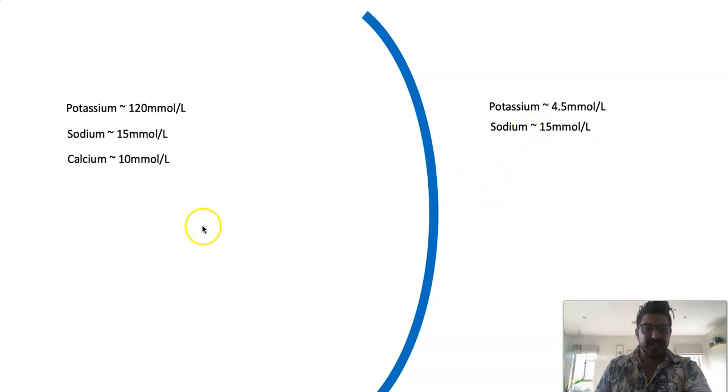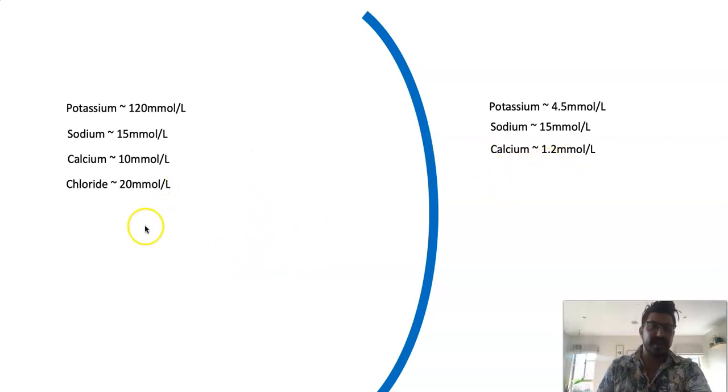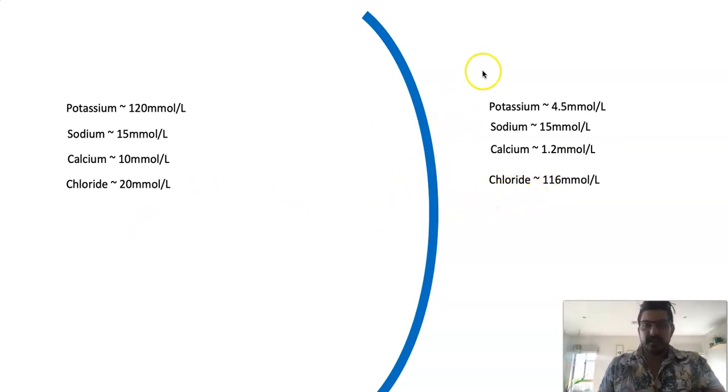Whoops. Calcium, 10 millimoles per litre inside, about 1.2 outside, and chloride is at 20 millimoles per litre inside, and about 116 outside. So the first thing you have to notice is there is a difference, minus, of course, my error here. This is meant to be 150 millimoles, not 15.